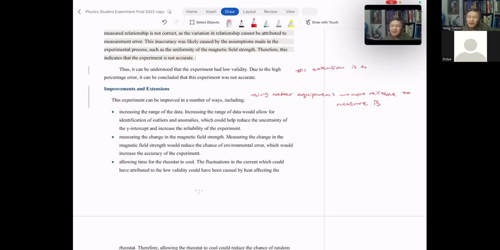If you increase from the original length, the chance is high to go beyond the uniform region. So for example, if the length is originally 5 centimeters, it is better to start from 3 centimeters and reach 5, instead of going from 5 to 8 or 10 centimeters. This is something I noticed. You could include it in your discussion.